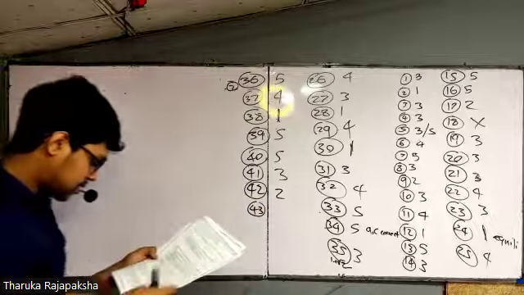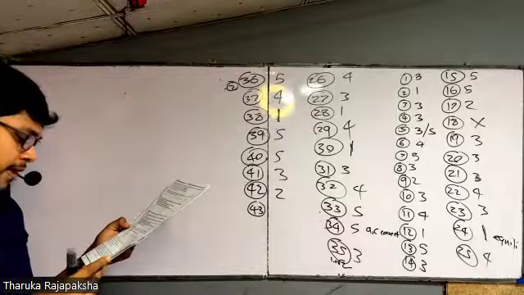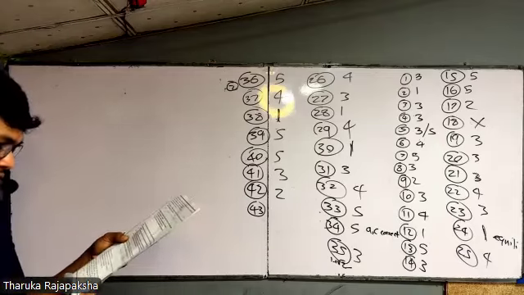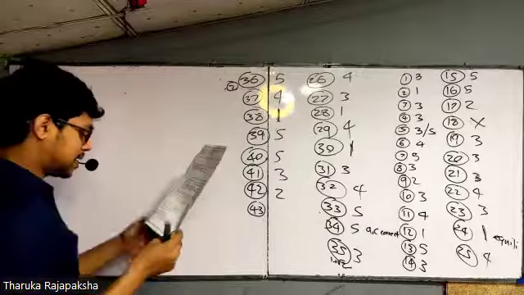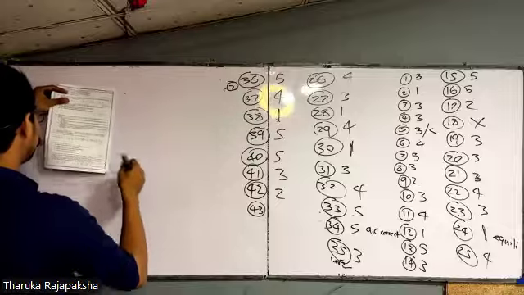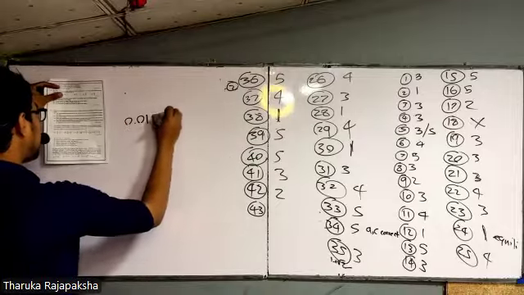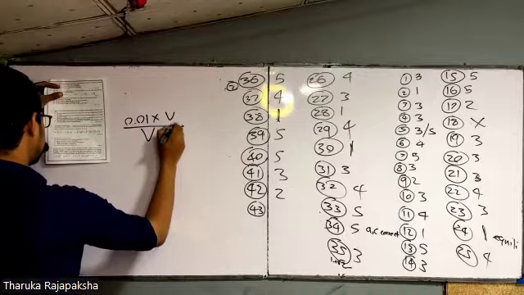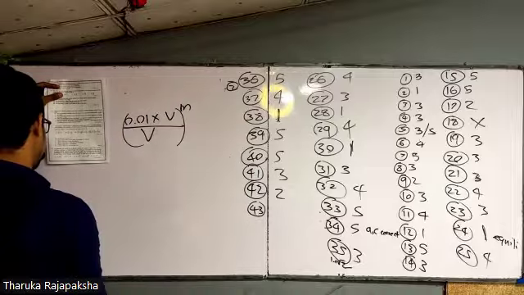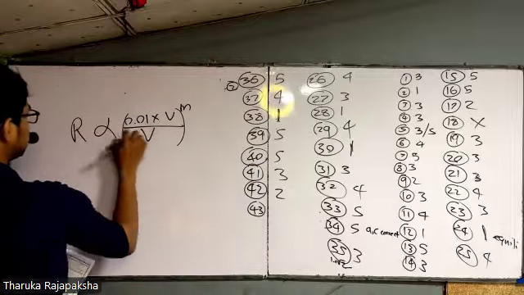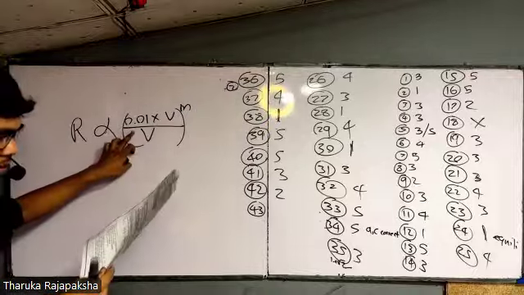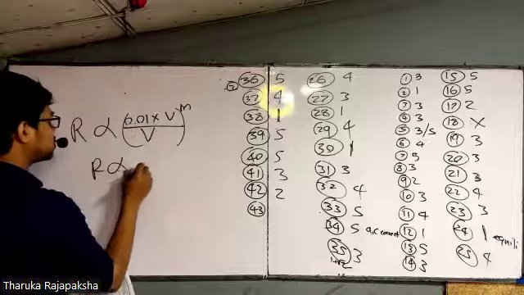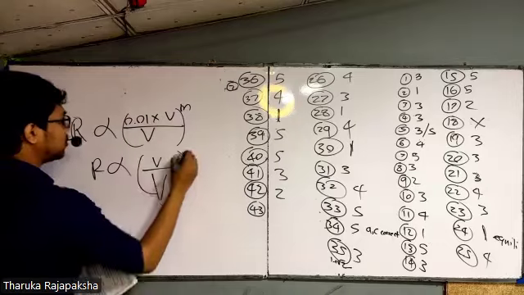43rd one. An experiment was carried out to find the order m with respect to S2O3 2 minus of a reaction. The initial rate of the reaction R was measured by adding different volumes V of 0.01 mole per cubic decimeter. So 0.01 multiplied by small v divided by total volume, to the power m. R is proportional to this. 0.01 is a constant, so we can write R is proportional to v over V to the power m.